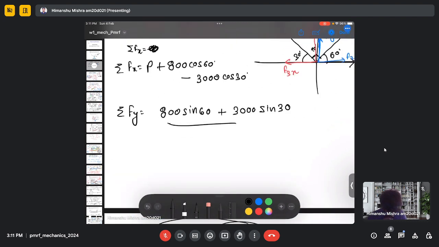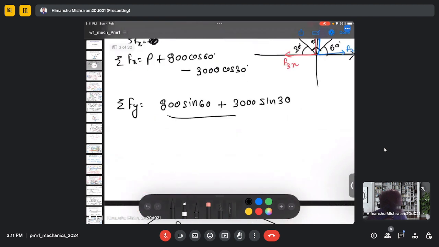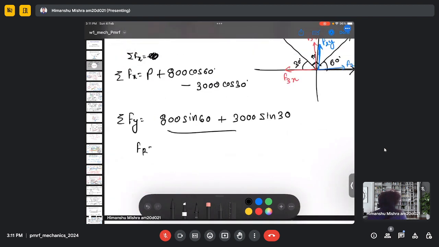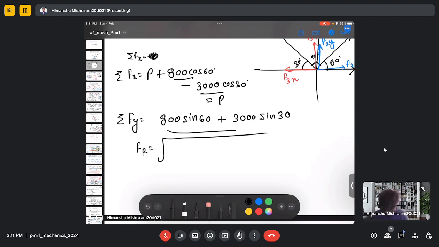Now I can calculate these magnitudes, with P left as the unknown.